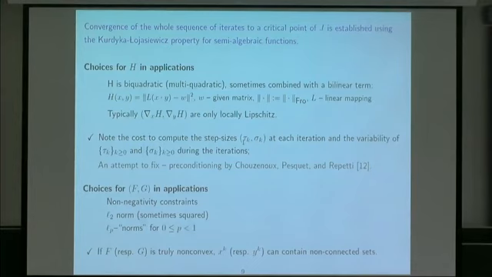And we can see that in all applications, the gradient of h, the coupling term, is only locally Lipschitz. So this means that the step sizes that have to be computed at each iteration can vary quite a lot.